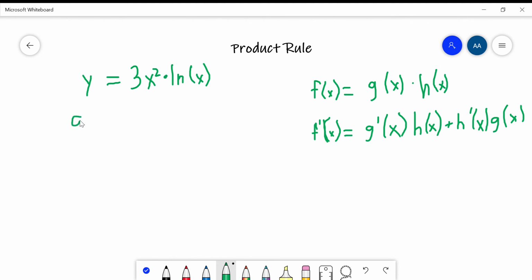So if we're trying to find dy dx over here, how can we apply this formula? As I'm writing dy dx, you guys can think about it. You can pause the video if it takes a bit more time. So assuming that you've thought about it, we have 3x squared and ln of x. And I know I didn't cover what the derivative of the natural log of x is anywhere, but it's actually a special one, 1 over x.